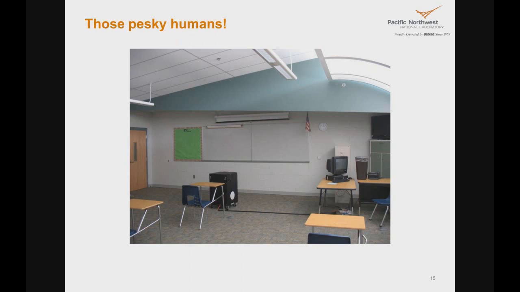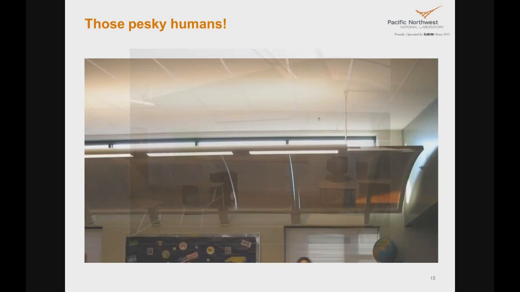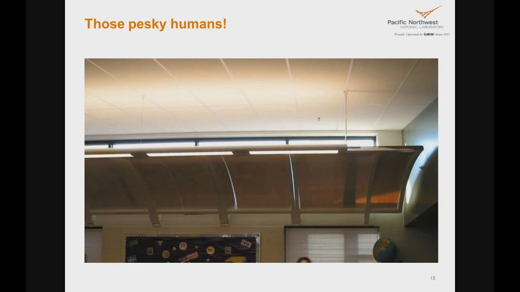But in one of the classrooms, they wanted to darken the space, and the blinds at the top of the clerestory were not working. So basically, they found their own solution to darken the room. And essentially, once this solution went in, it stays there forever, and that's the end of daylighting savings.